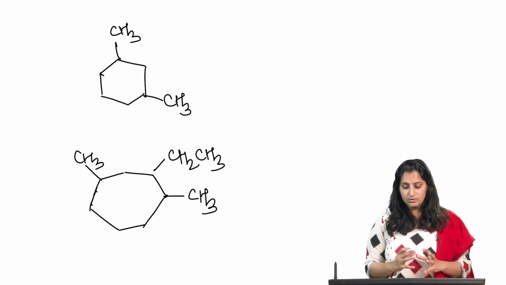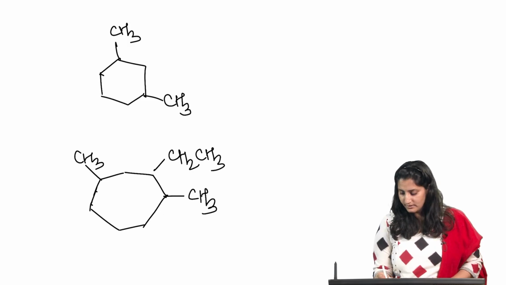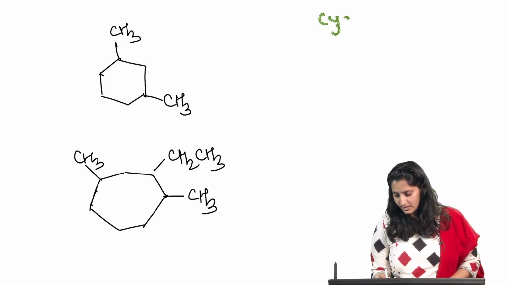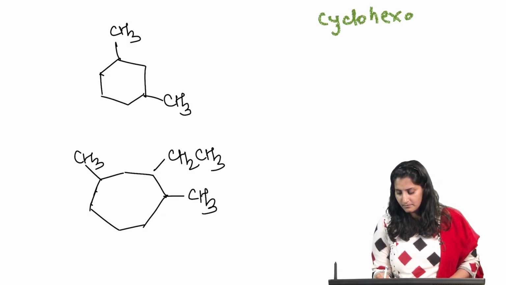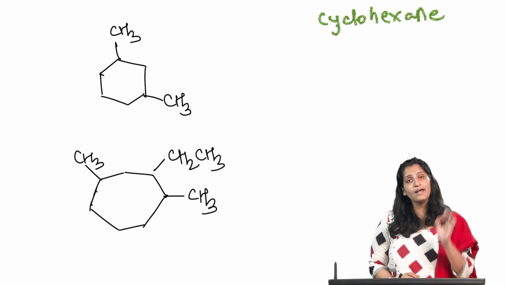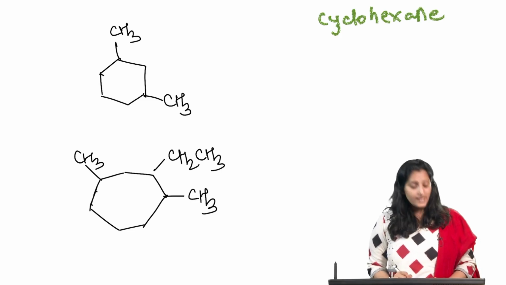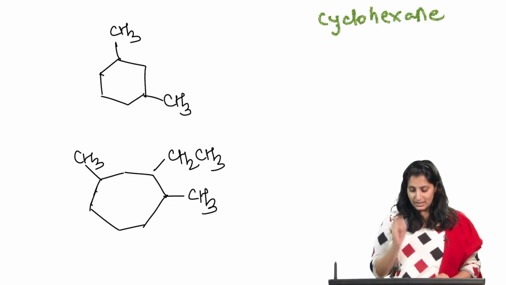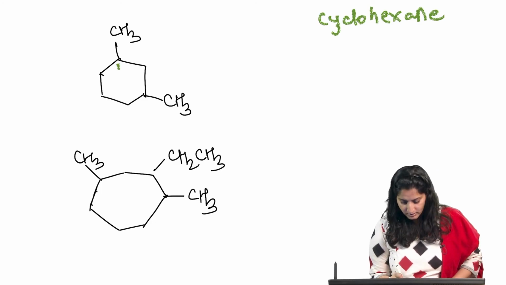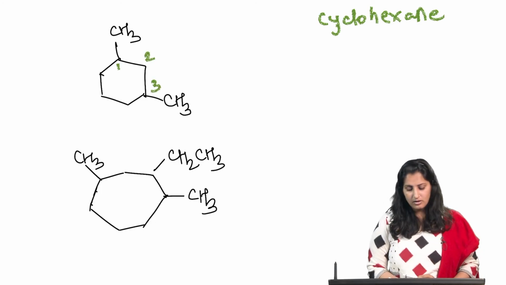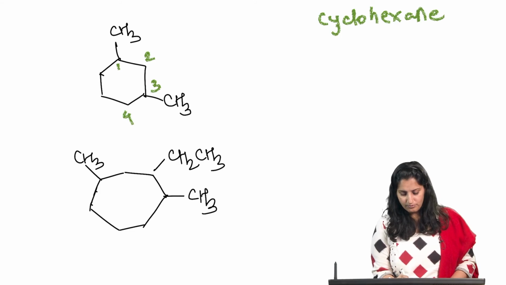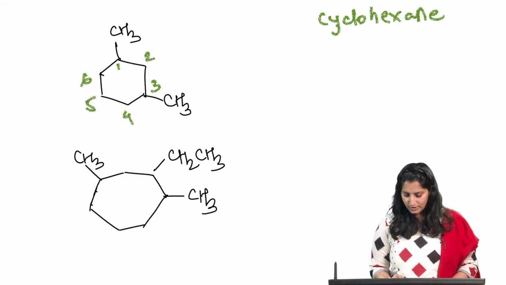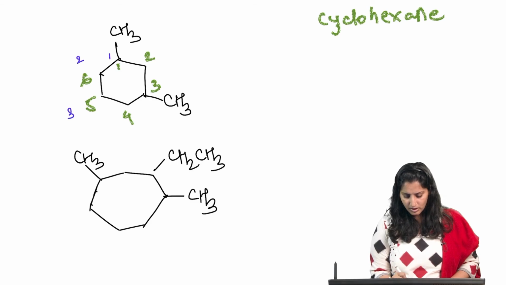Now, if I want to name this particular cyclohexane, first of all the parent will be cyclohexane and I have 2 methyl groups. Now, I can start naming them such that I go 1, 2, 3, 4, 5, 6, that is one way of naming, or I can start such that I go the other direction, 1, 2, 3, 4, 5, 6.